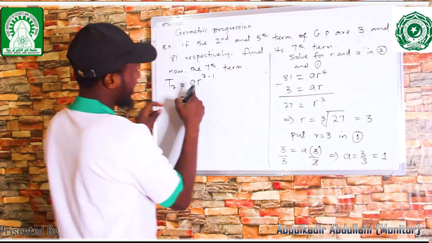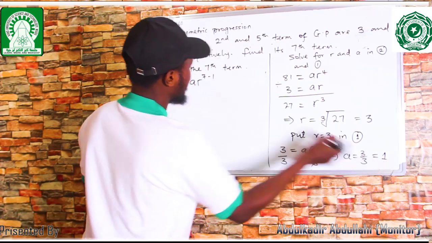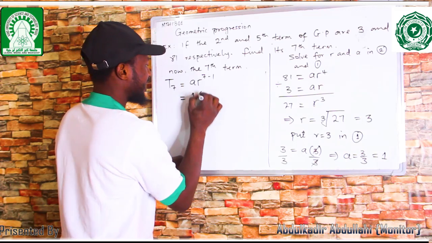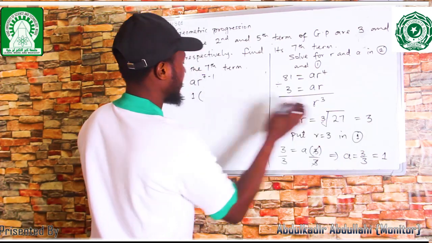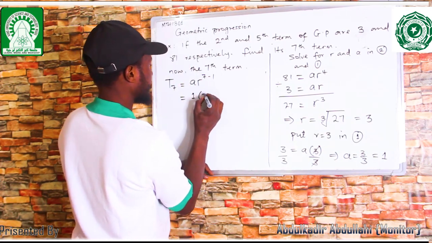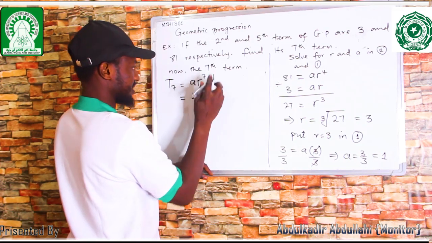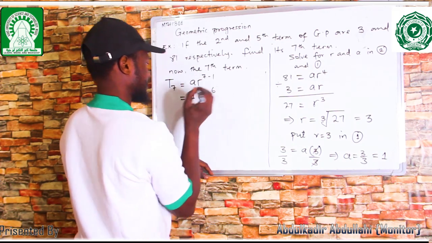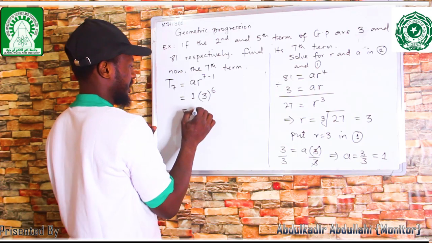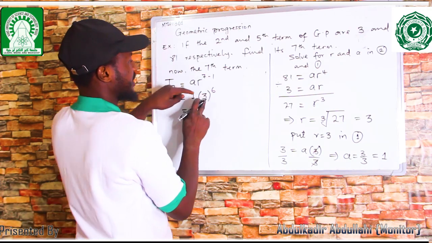Which is equal to A, we found A to be 1, multiplied by R, we found R to be 3. Then 7 minus 1 is 6.